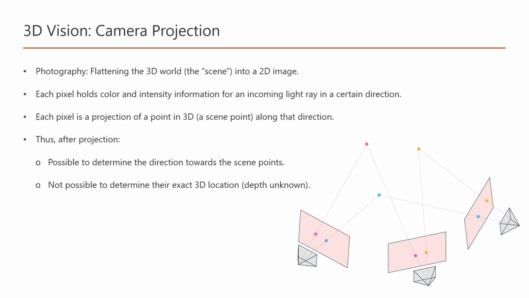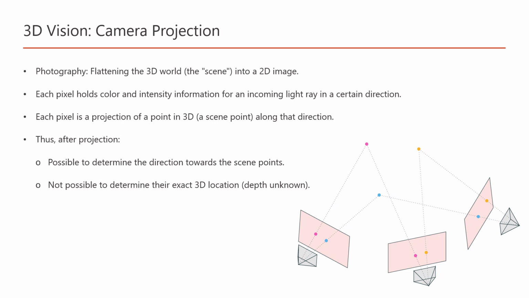And to give a brief intro on this topic, let's start with the most core concept, I would say, which is camera projection. So in photography, what we are doing is essentially that we flatten the 3D world onto a 2D image. And after we do so, each pixel in the image will contain information on what color and intensity the incoming light ray had that hit that part of the camera lens.